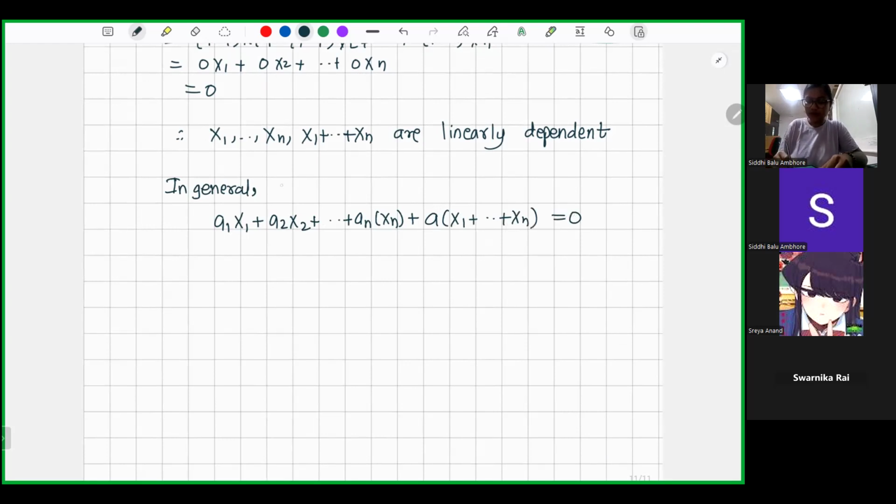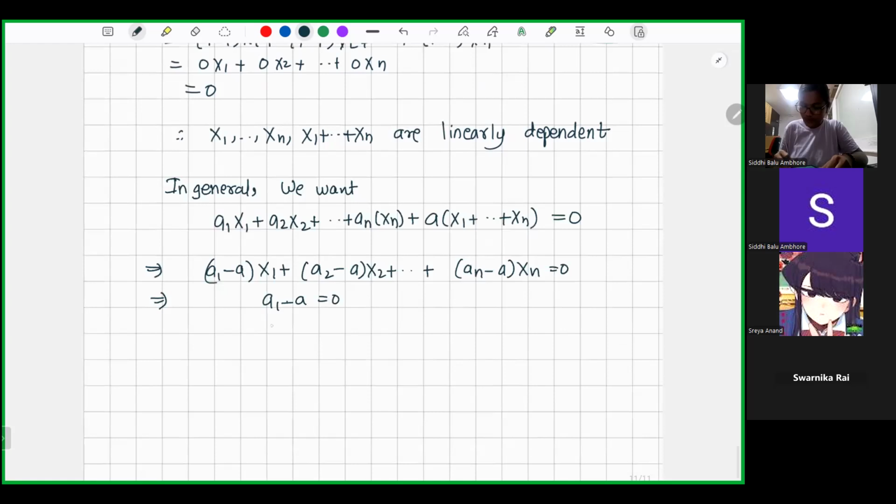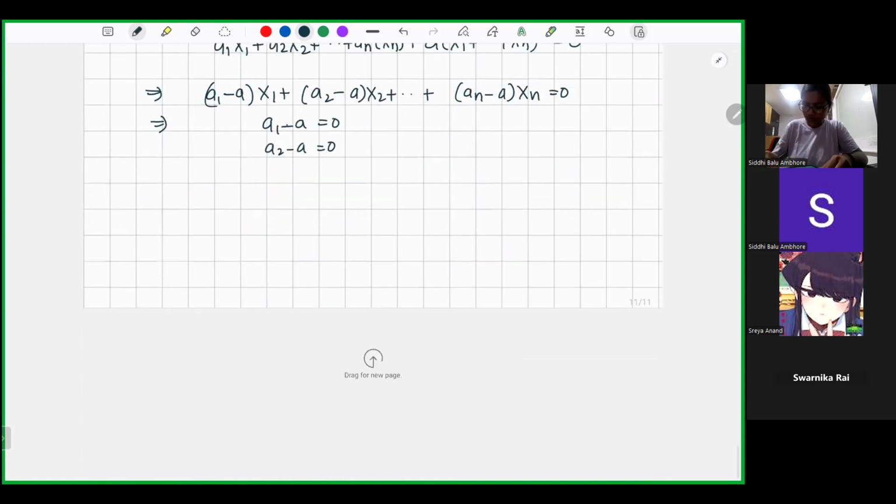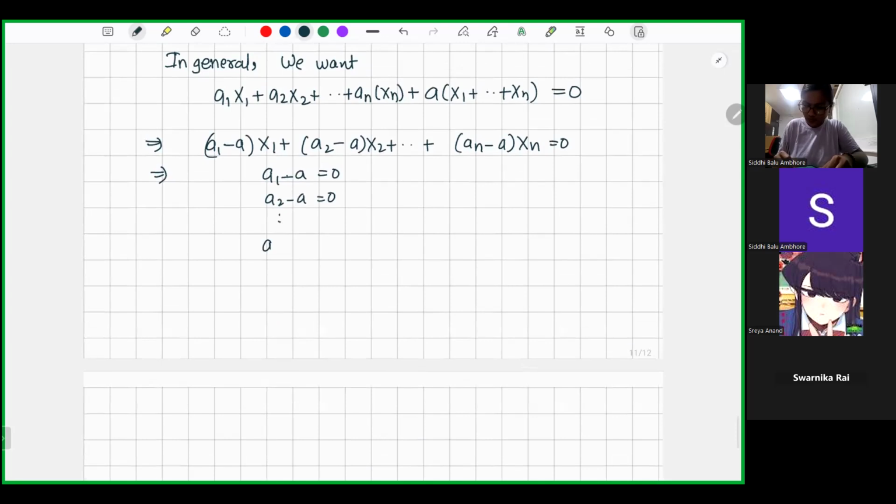So if I want this to be 0, a1 minus a times x1, a2 minus a times x2, plus an minus a times xn equal to 0, this implies that a1 minus a is 0, a2 minus a is 0, so on, an minus a is 0.